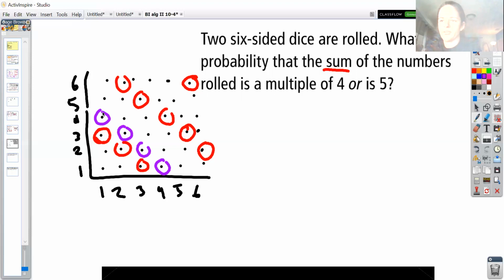So we're just going to count these up. We know that there are 36 possible choices. Because they are mutually exclusive, I can just add the red ones that I have circled with the purple ones that I have circled, and I don't have to subtract out any overlap because there is no overlap. So when I add those up, I get 13 out of 36, it looks like.